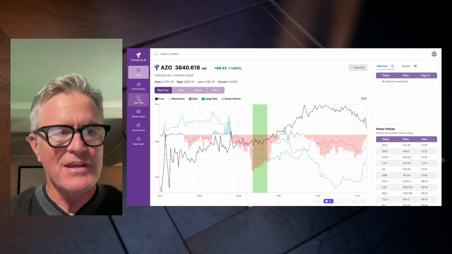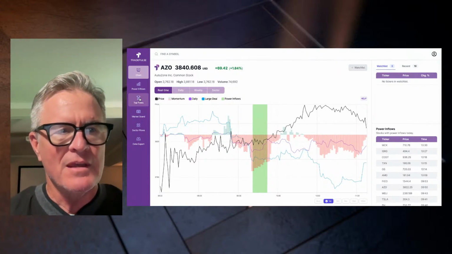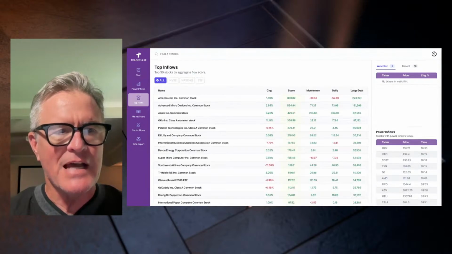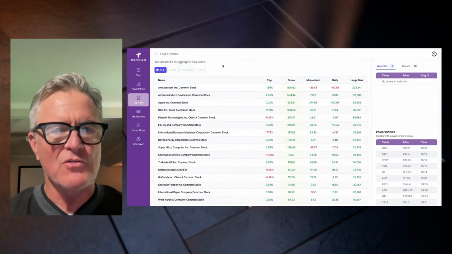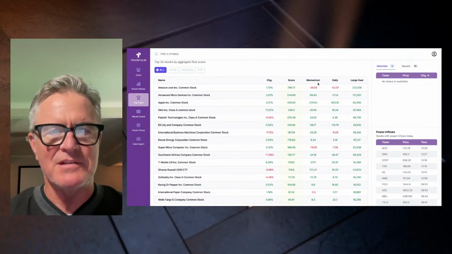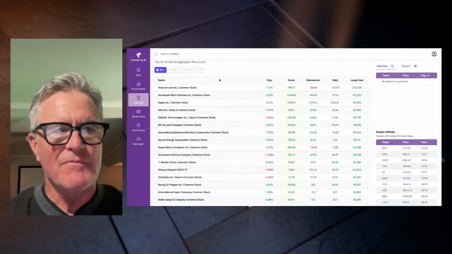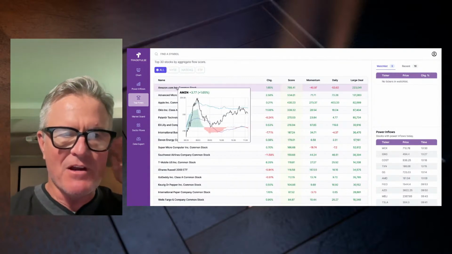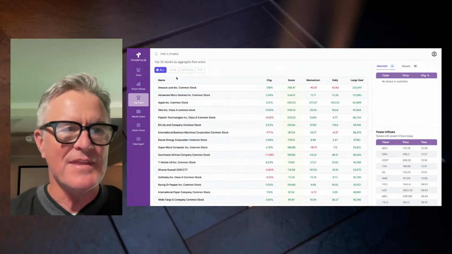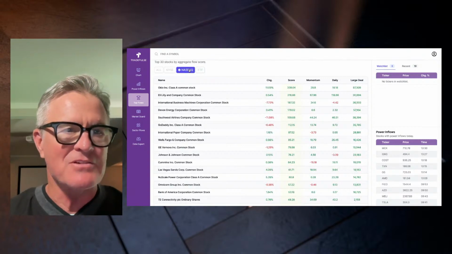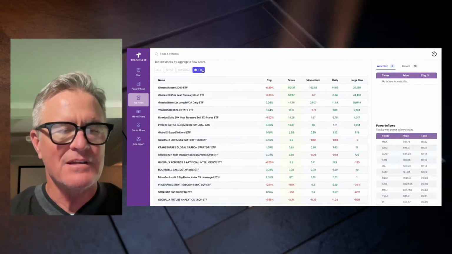And some other things that we do for people here is, you can see here, top flows. This is the top order flow scores. So you can see we have scores across here of all stocks in the market. Amazon leading the market today so far. You can break that down by NYSE stocks only, NASDAQ stocks only, or ETFs in this case.